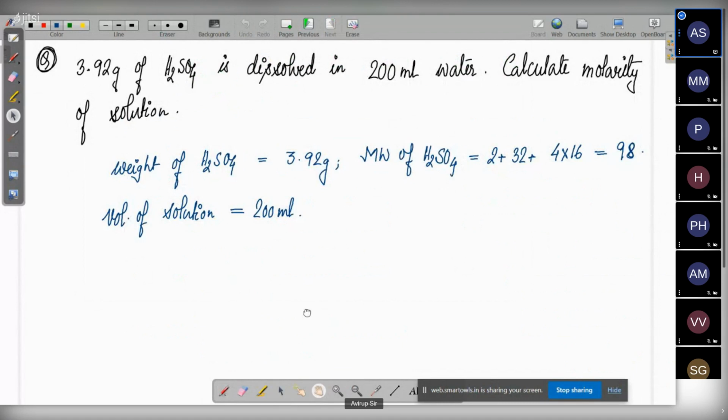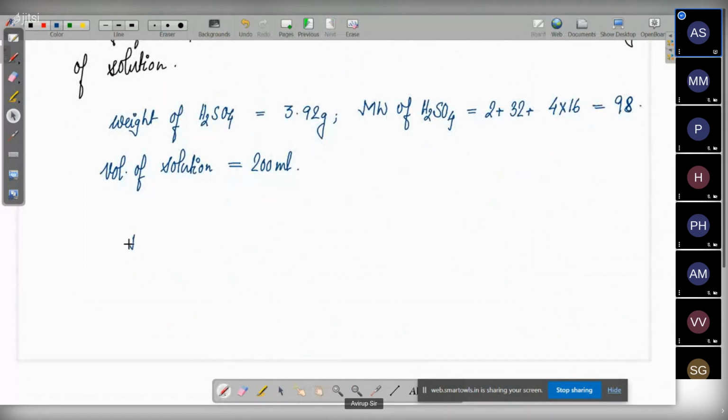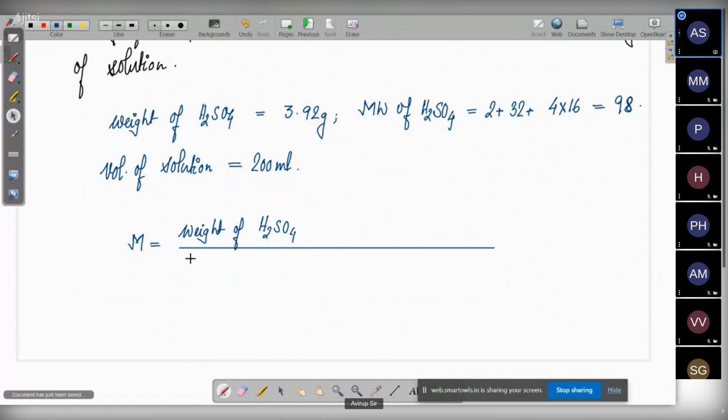So the molarity, capital M, is equal to weight of H2SO4 divided by molecular weight of H2SO4 into volume of solution in ml.